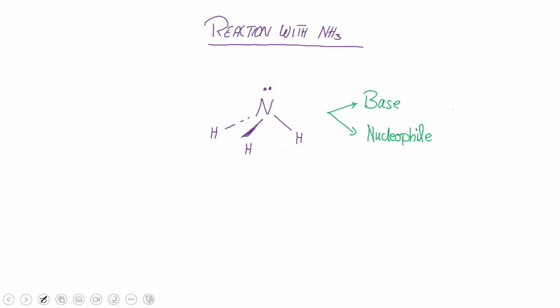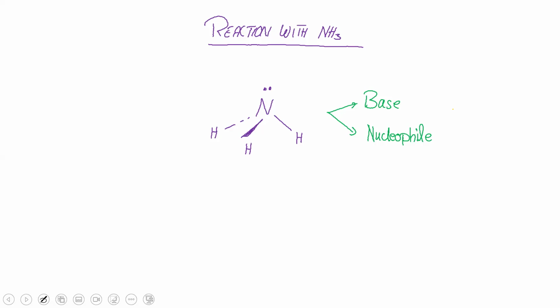Now look at the reaction with ammonia. We need to discuss the character of ammonia. We need to understand very effectively how ammonia behaves. In ammonia, nitrogen has a lone pair.